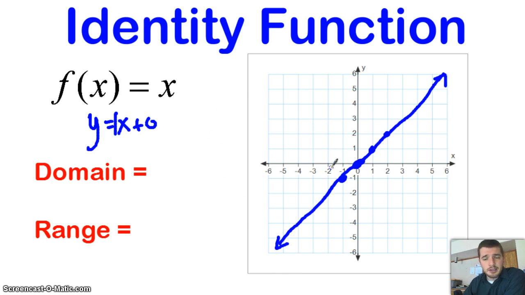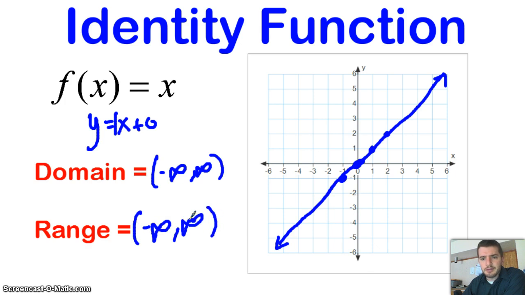The domain in this case is the same because it goes on and on forever to the right and forever to the left. So negative infinity to positive infinity, and then the range is the same deal. It's going on and on forever up to positive infinity and down. So negative infinity to positive infinity. Alright, that's the identity function, not too bad.